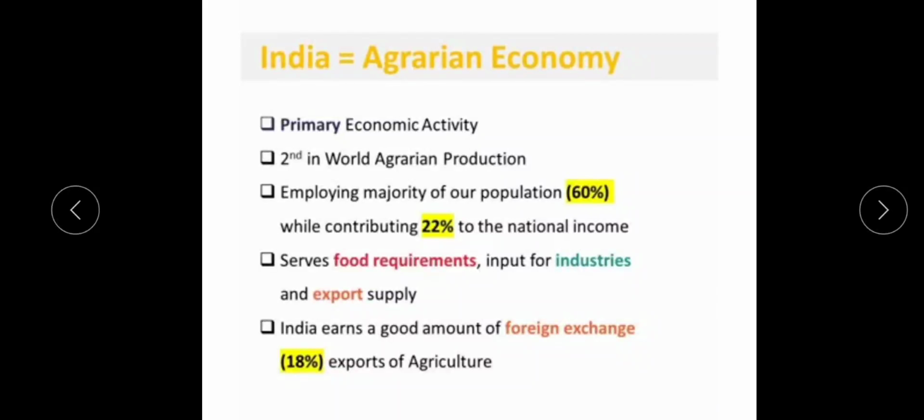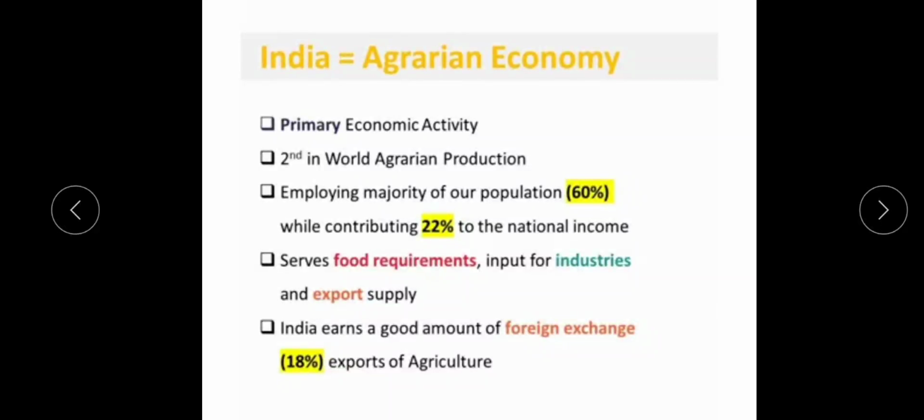India has a very good climate and geography such that in most areas of India, two or more crops can be taken annually. There are other factors to support this. Listen to this sentence very carefully: in most parts of the area, we can take two or more crops annually.